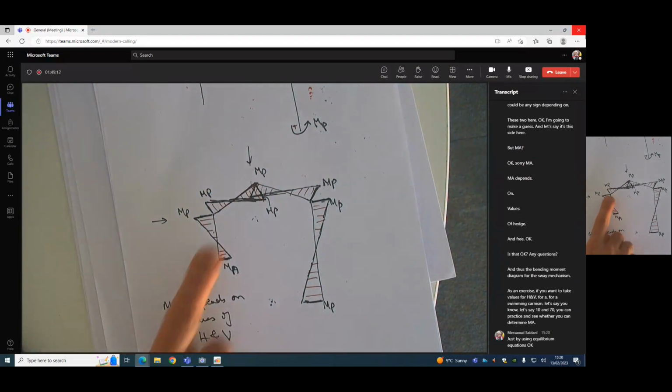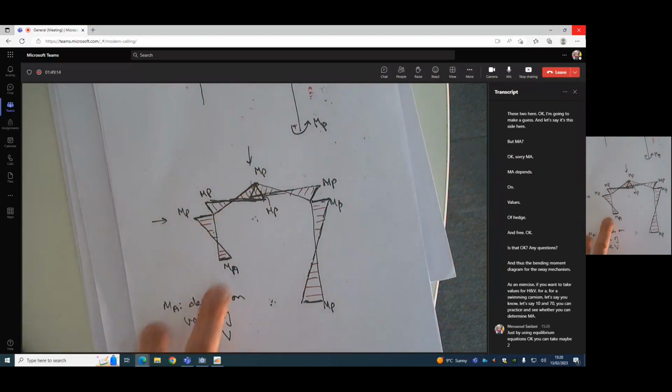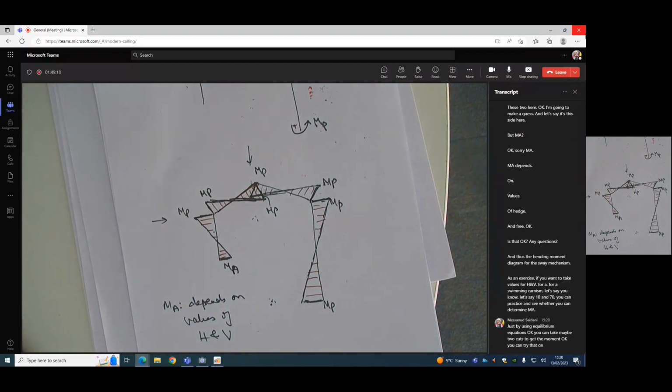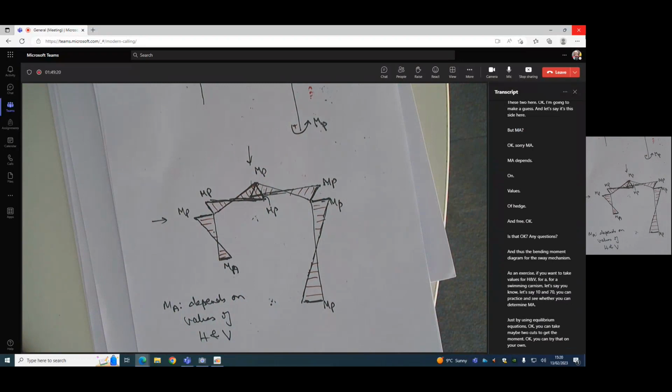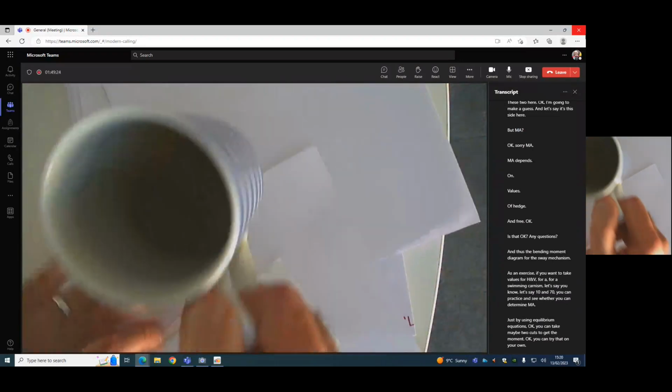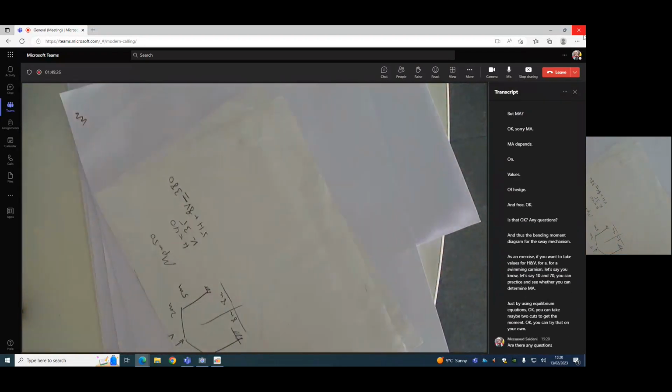You can take maybe 2 cuts to get the moment at A. You can try that on your own. Are there any questions, please?